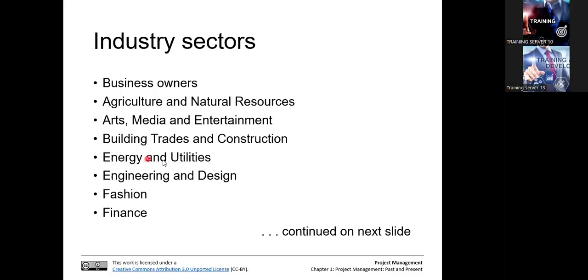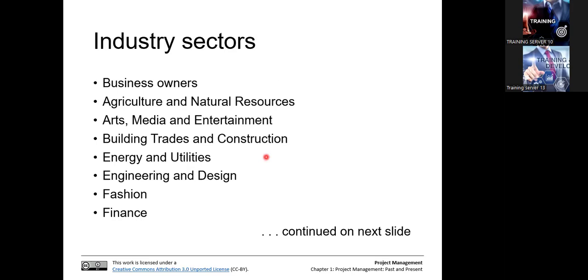Here, another field of projects is energy and utilities. Energy has lots of things, oil, gas, and also utilities. It has lots of very important fields to support that field at the right time.